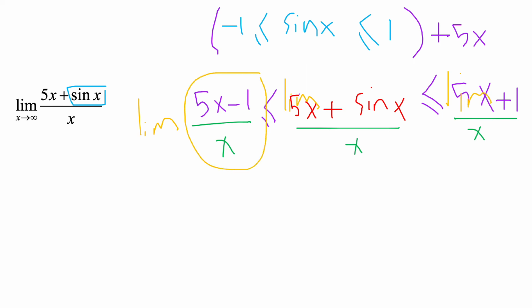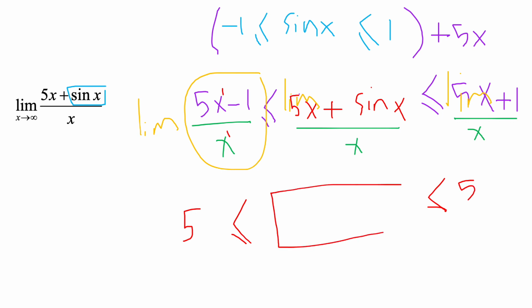We know, since the polynomial on top is of degree 1 and the polynomial on the bottom is also degree 1, the degree of the numerator equals the degree of the denominator, so the limit will be the coefficients, 5 over 1. And the right side also will be the same, 5 over 1. That means our quotient, or our limit, will equal 5. This is using the sandwich theorem from the beginning.